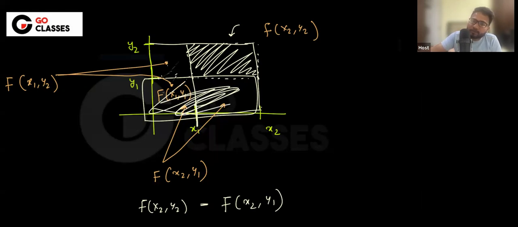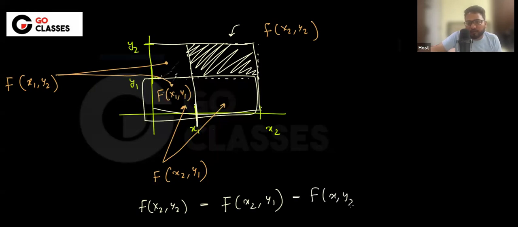Now you need to subtract this also, but we don't have any formula for only this one, so you subtract the whole one first, which is F of x1, y2. And since this has been subtracted extra, which we don't intend to subtract, you add F of x1, y1. Is this fine to everyone?